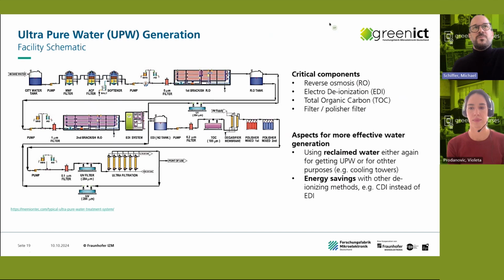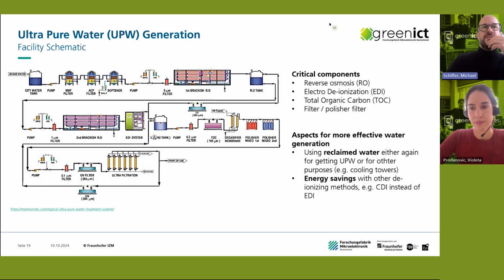This is a system for ultra pure water generation, how it looks like today. Usually you have 3 stages where you have tanks, and you can usually also pump from one stage to the lower stage to circulate the water. So you have the intake water, you have different filter stages and softeners, and then you have basically 2 reverse osmosis types before you go into the electrodeionization system, which takes quite some energy.